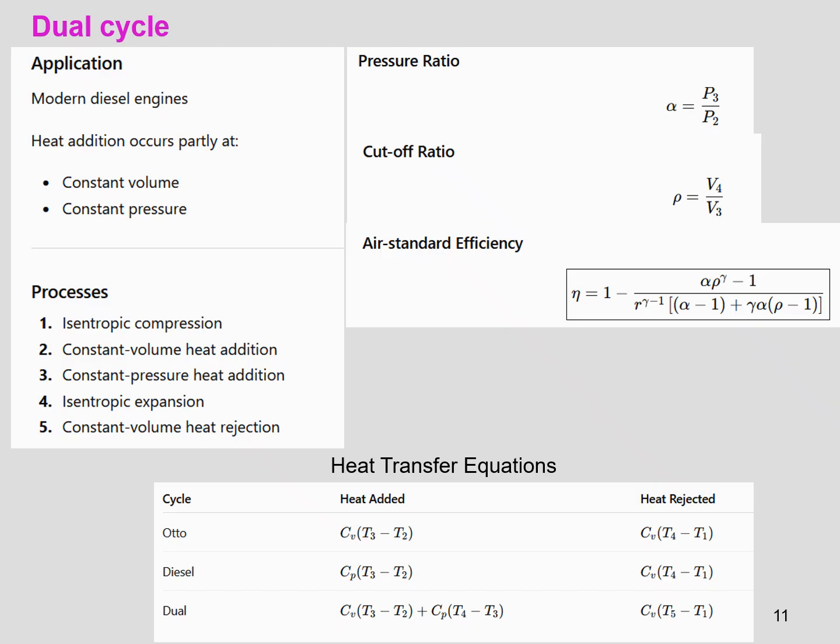And heat rejection, as usual, is constant volume. So 1 to 2, 2 to 3, 3 to 4, 4 to 1. Here we have an addition, another one, 5: 4 to 5 and 5 to 1 we can follow, or we can replace with X. We will do the detailed analysis in the next week's class. Thank you.